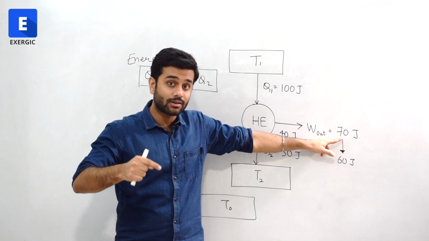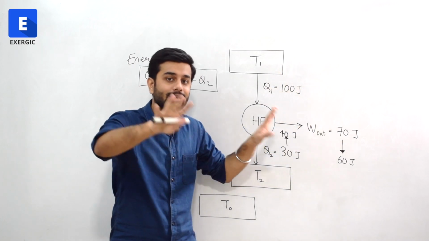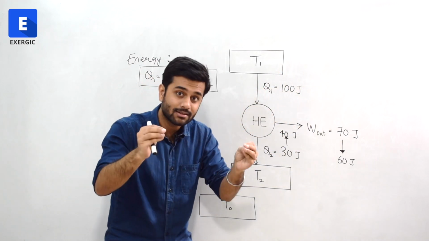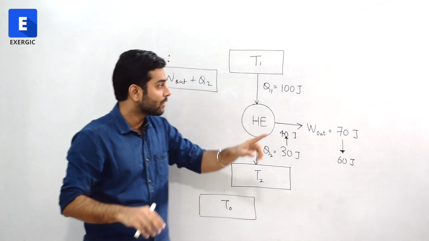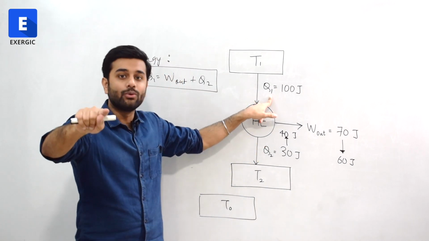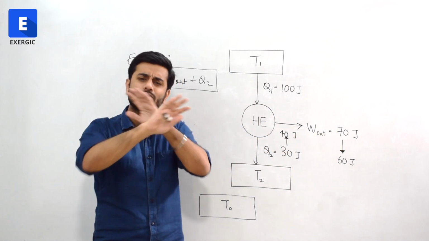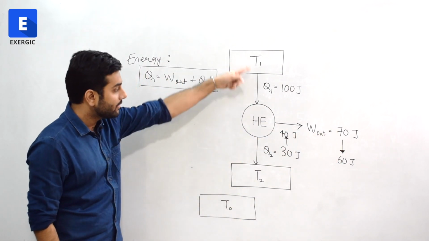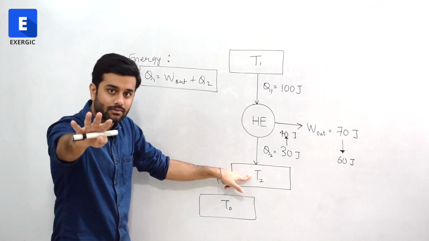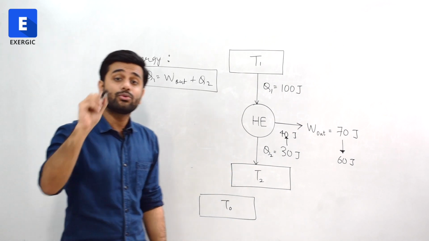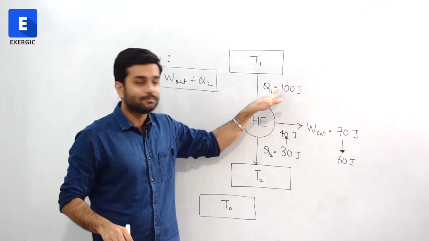In this example, I get 70 joule of work between T1 and T0. It means that the availability of this heat is 70 joule. Whether in this case it comes out to be 70 or not does not matter. In this case, I have T1 and T2. I don't have T0 here. I want to know the available energy of this heat.